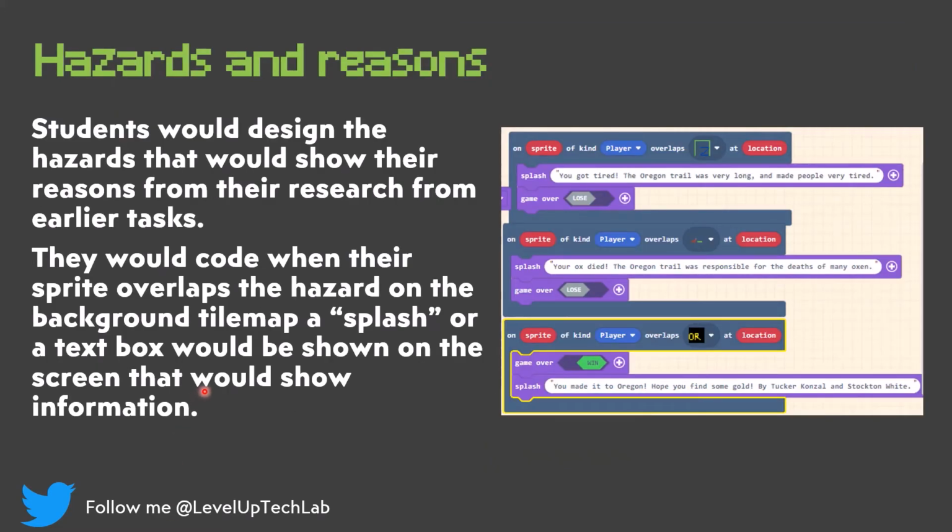Their hazards and reasons coincided, so students would code a hazard so that if the sprite overlapped it, then the text box or splash would pop up on the screen, and the gamer would read what their reasons were if they wanted to go on the Oregon Trail or not. That way it would also fulfill the digital component for their unit writing task.